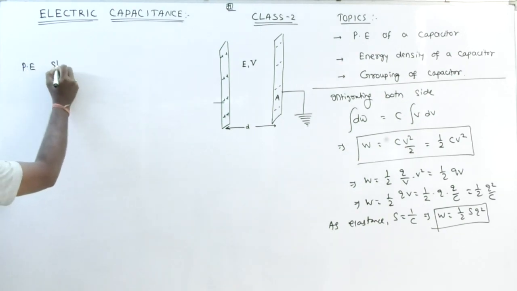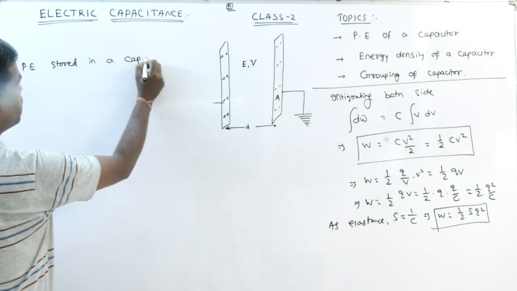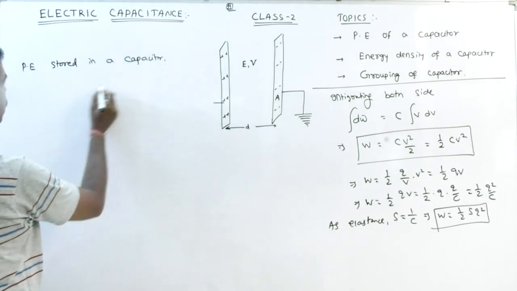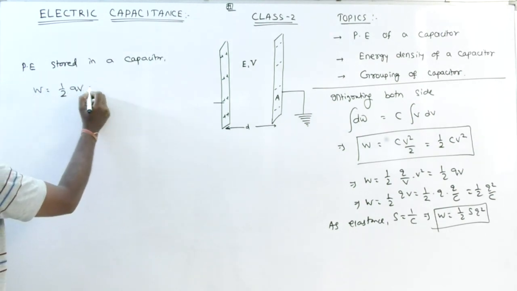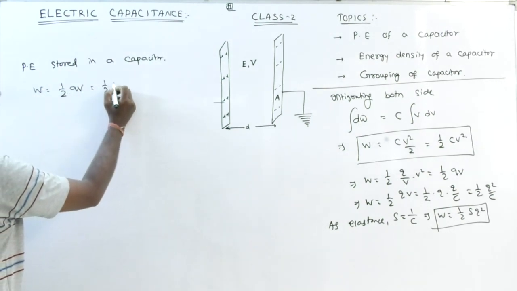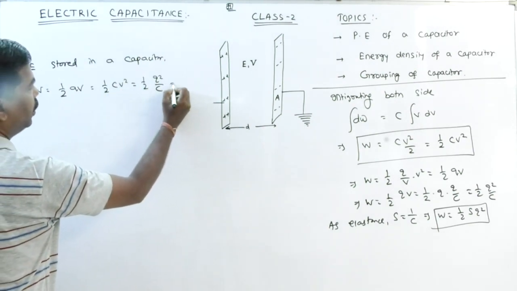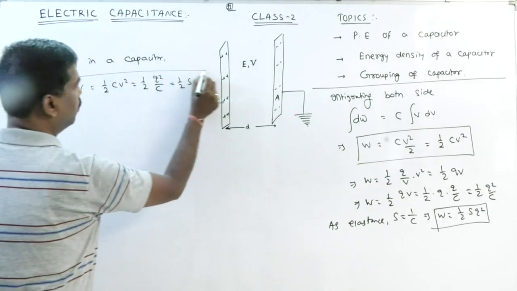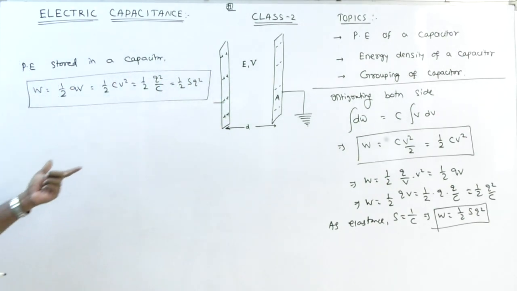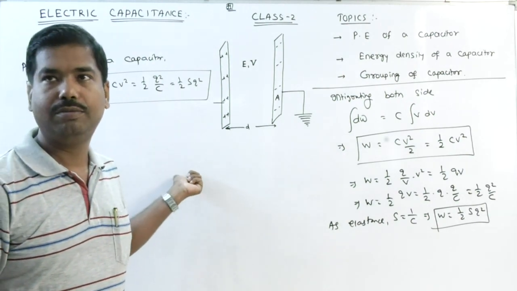Potential energy stored in a capacitor, W is equal to half QV, half CV square, half Q square by C, or half S Q square. Clear? This is a very, very important 2 mark question.